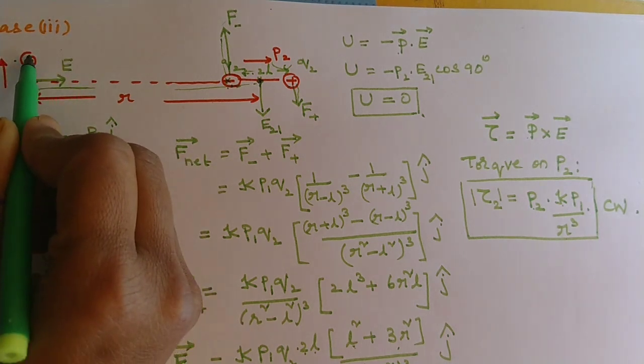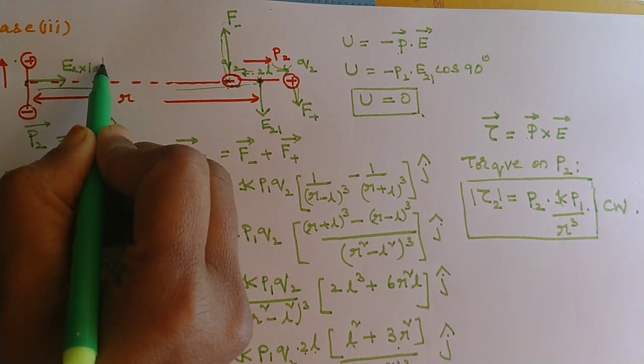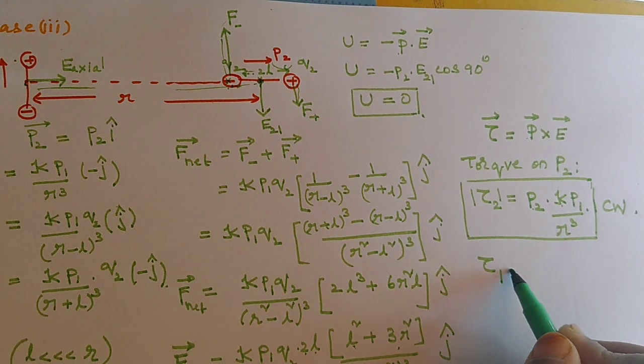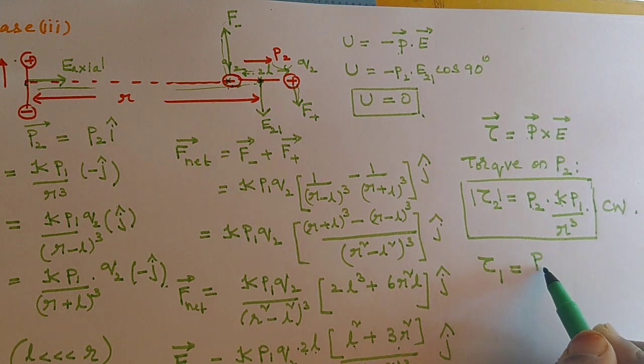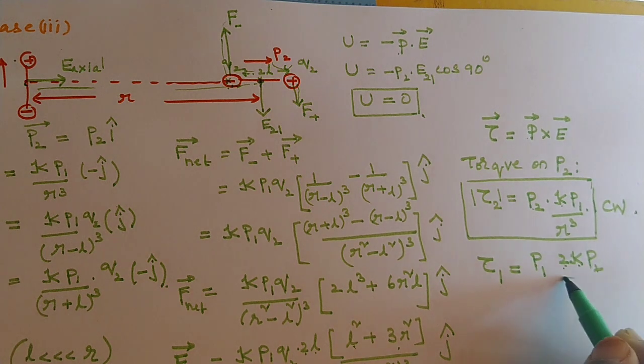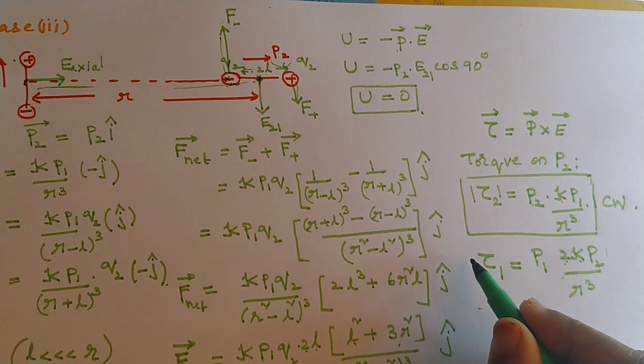Again, field and dipole moment are perpendicular to each other, but this is not equatorial but it is axial line. So the torque acting on P1 would be, its dipole moment is P1, field produced by P2 is, for axial line, we know it is 2K P2 by R cube, and this will be the torque acting on the first dipole.